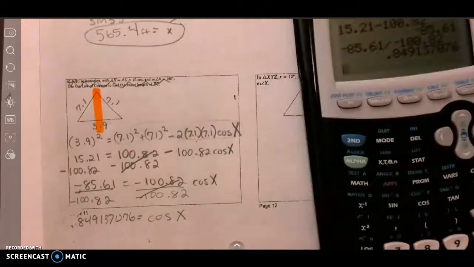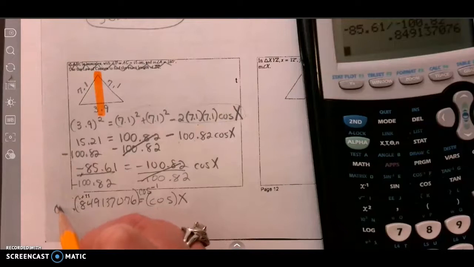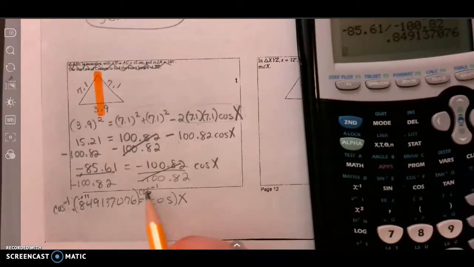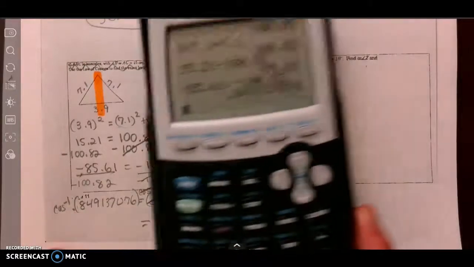And therefore, in order to solve for x, I need to take the inverse, because I'm trying to find an angle. I knew I was going to have to take an inverse. So these cancel, and x equals the inverse cosine of that 0.849137076.